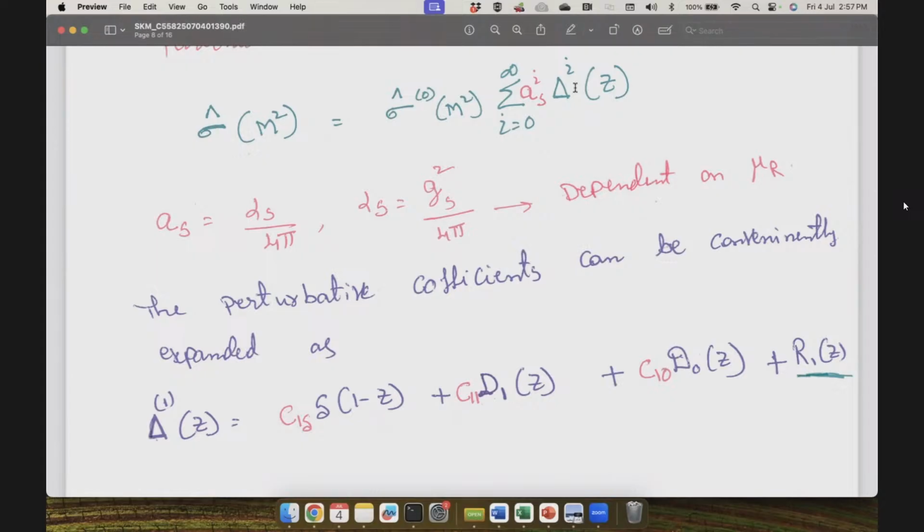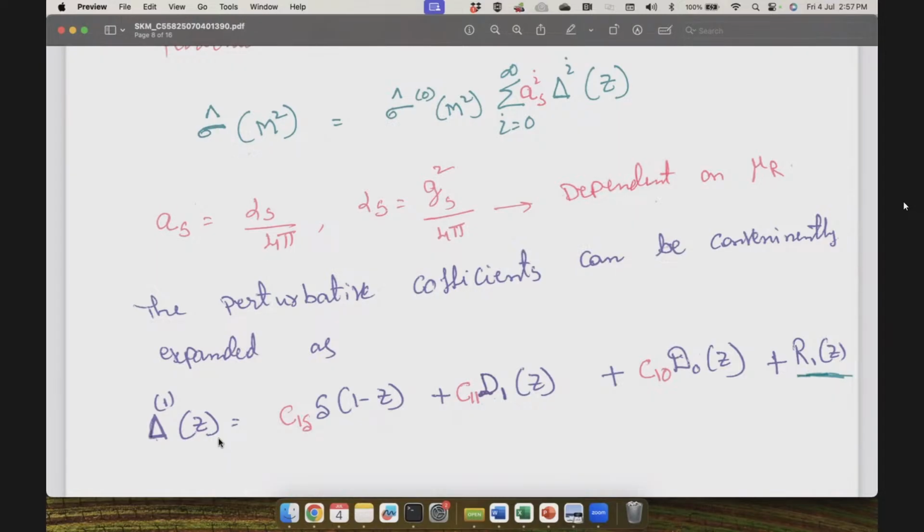Here i stands for the order of the perturbation theory. For example, at the first order, this Delta_1 of z, if we expand it and look at the known results, this is how the typical structure looks. I am going a little bit faster because I did not mention how you calculate these things.